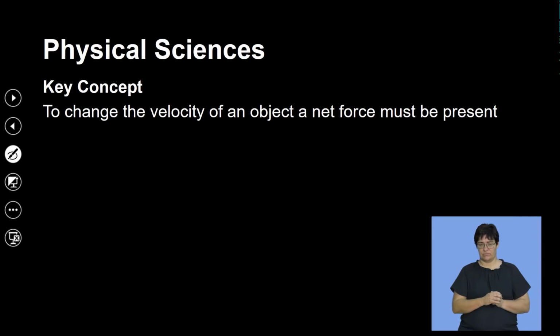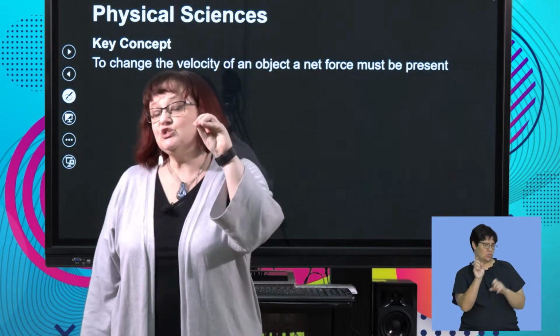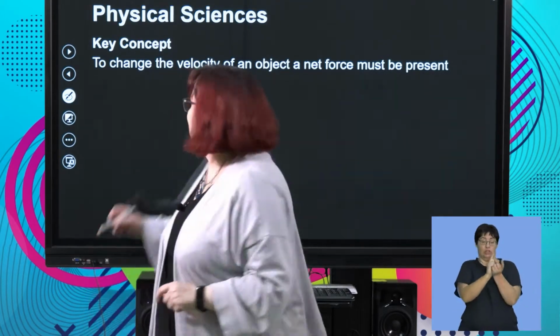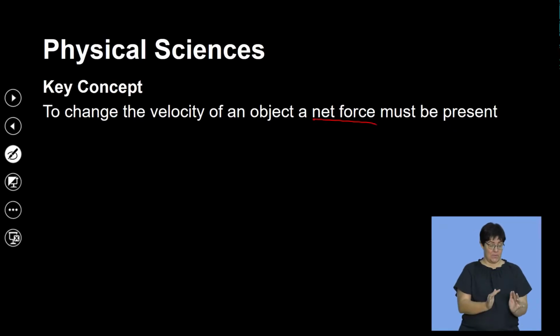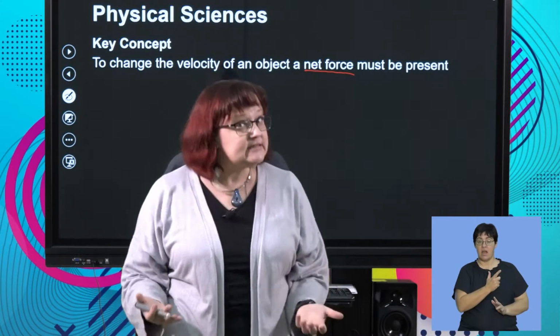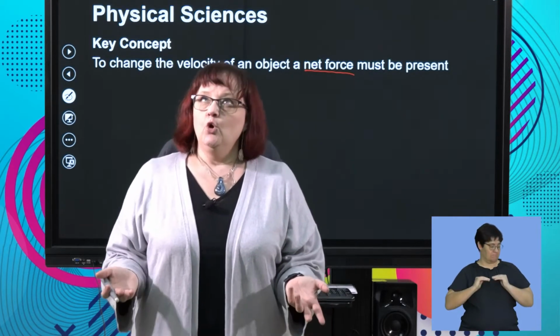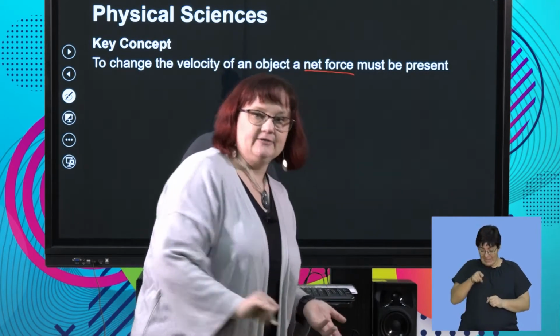So, the issue is this. To change the velocity of an object, we must have a net force. We must. Newton's first law says to us that it'll actually stay at constant velocity if there's no net force. If I want the velocity to change, I need a net force.